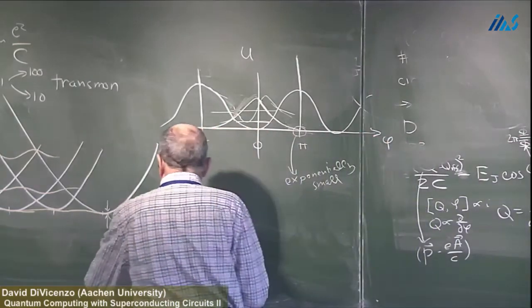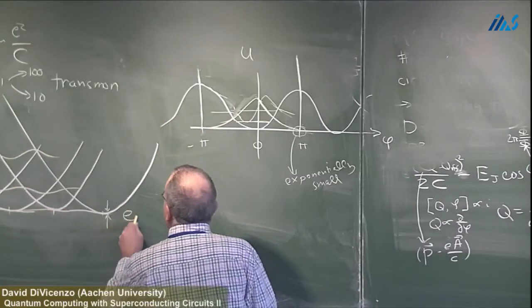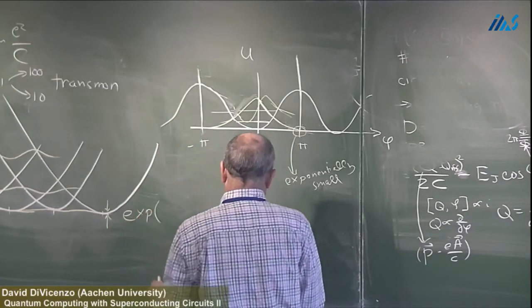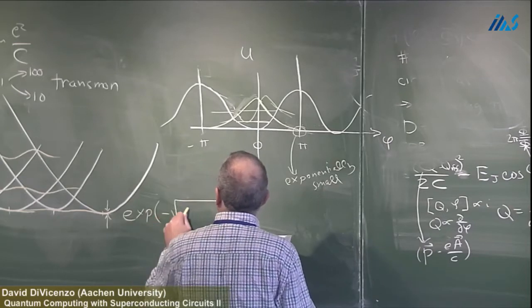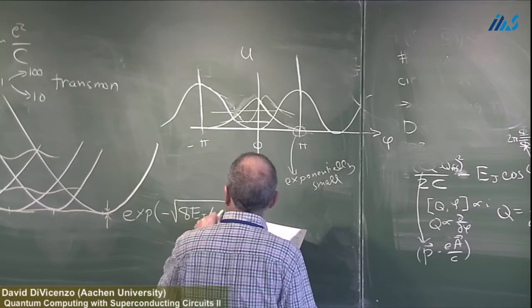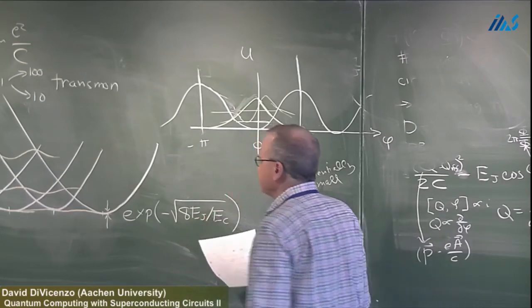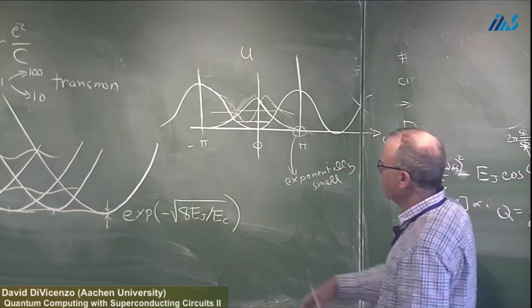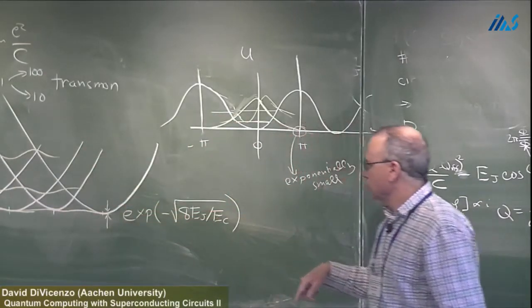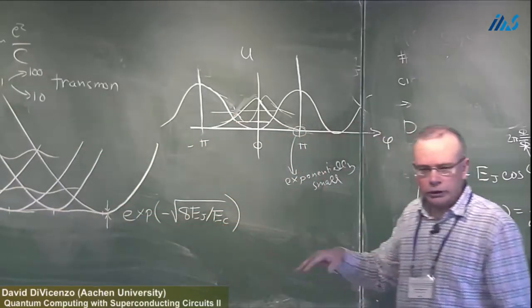And it turns out it is of order exponential of minus the square root of 8 EJ over EC. So that's why, if you go to 100 or something, you can really forget.